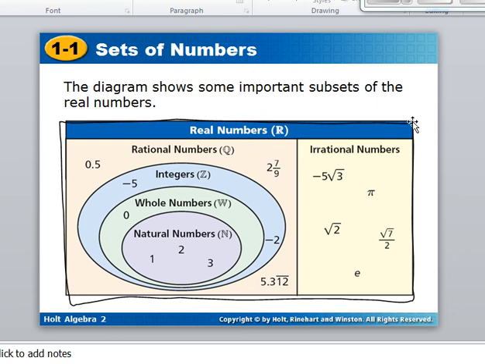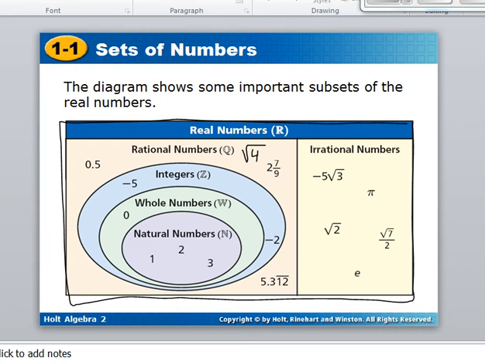If I'm looking at a number like the square root of 4, that is actually a rational number. It doesn't continue on forever if I wrote it in its decimal form. The square root of 4 is 2. That's a number that I can write as a fraction, 2/1, and it has a decimal that stops.